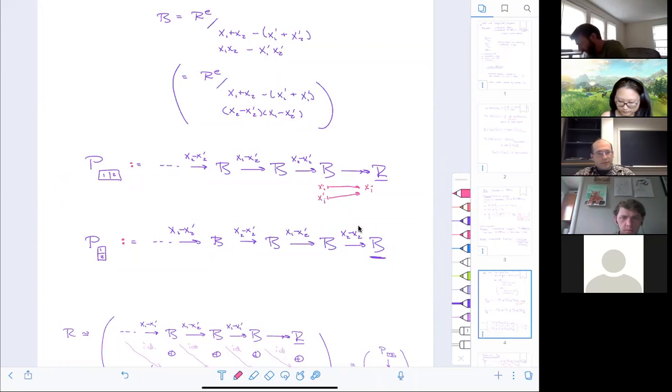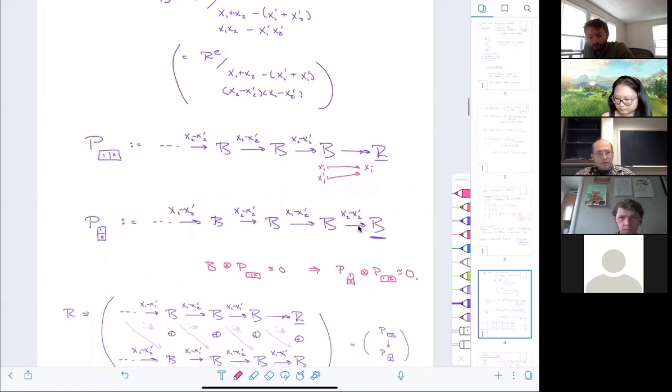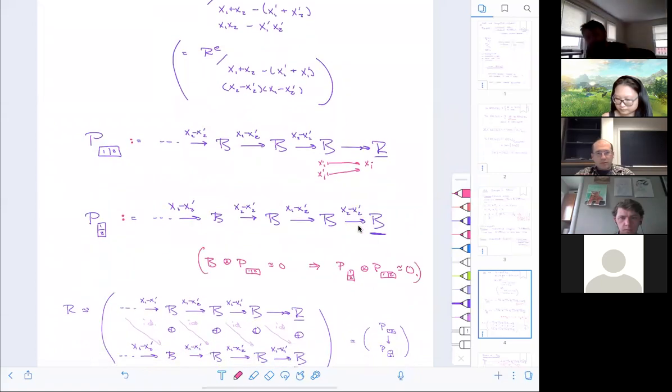The basic idea is to show that the first complex really kills B. And because the second complex is nothing but B's, that'll imply that these two are orthogonal as well. So that's the orthogonality property, which I'm going to skip over the details of.